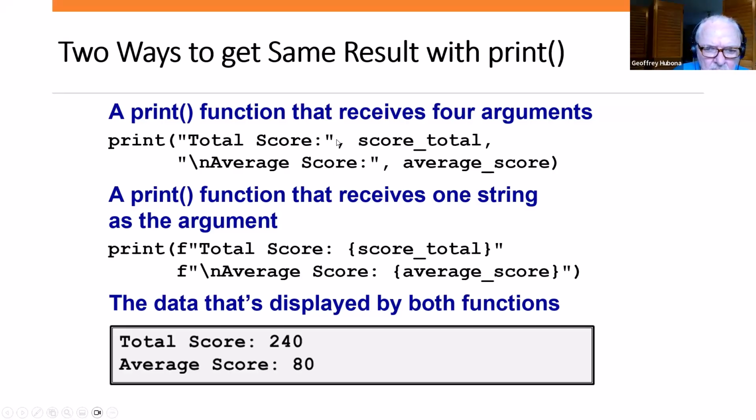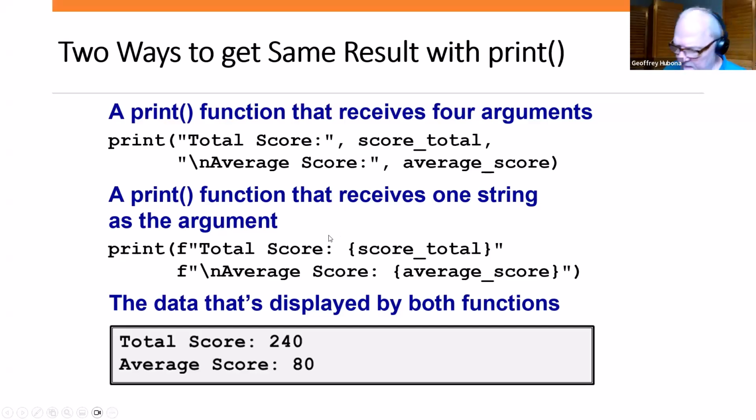Total score, comma, which separates the first and second argument, total score total, which has already been defined somewhere, we implicitly continue this line with a comma, and we come down here and we use new line character, average score.